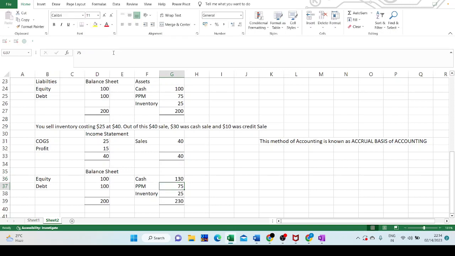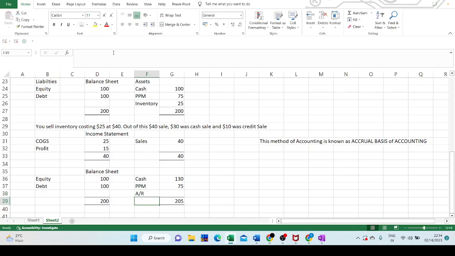Property, plant and machinery would remain unchanged. Will we report inventory in the balance sheet, guys? Please tell me. No, because inventory has been sold. We won't report it in the balance sheet any longer. Guys, we will report something called accounts receivable.